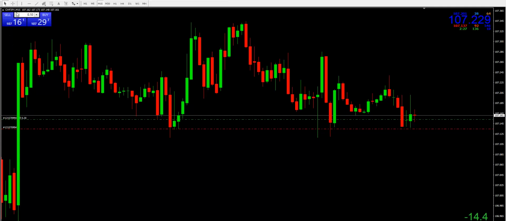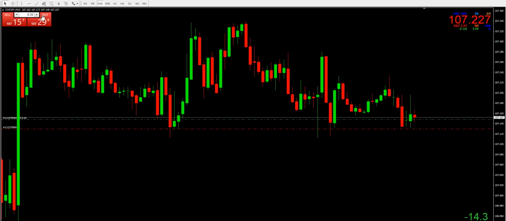Now this little box here basically shows us the pip spread that the brokers currently have on this currency pair.